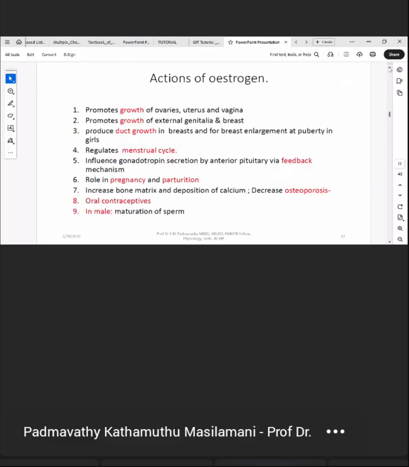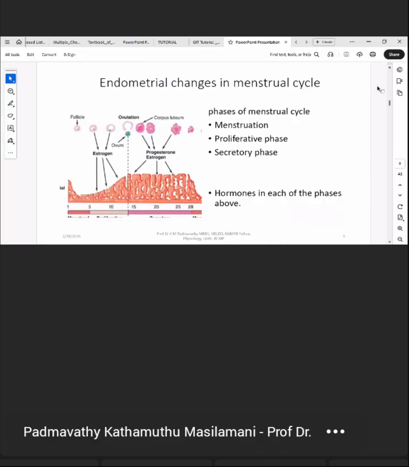So what happens in the secretory phase? Anybody? Thickening of the endometrium. Yes, there is thickness of the endometrium. What happens to the cells? What happens to the stroma? What happens to the blood vessels? The endometrium thickness will be increasing.